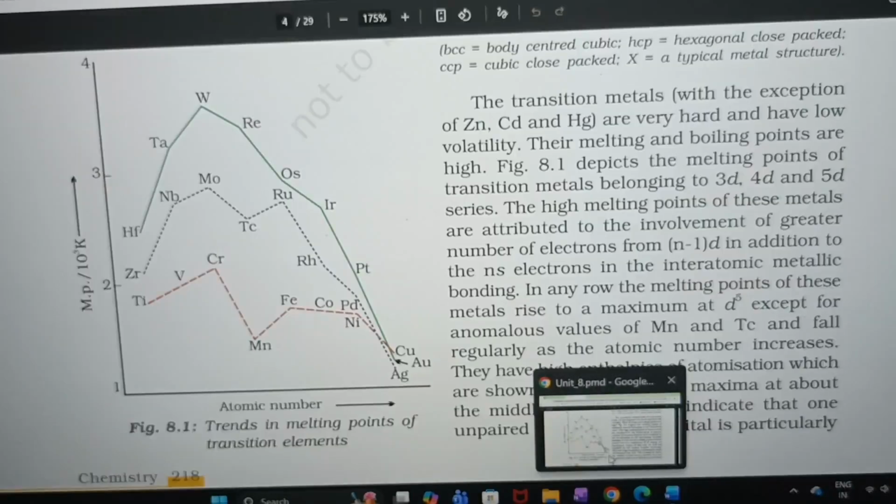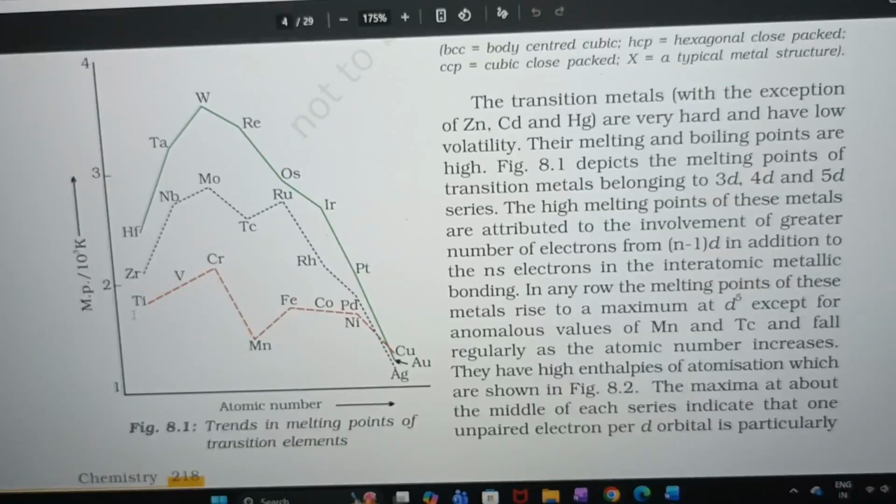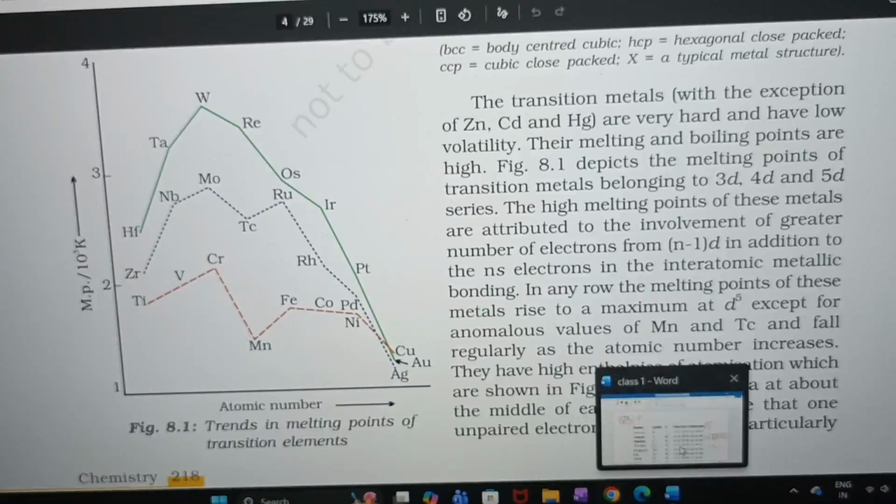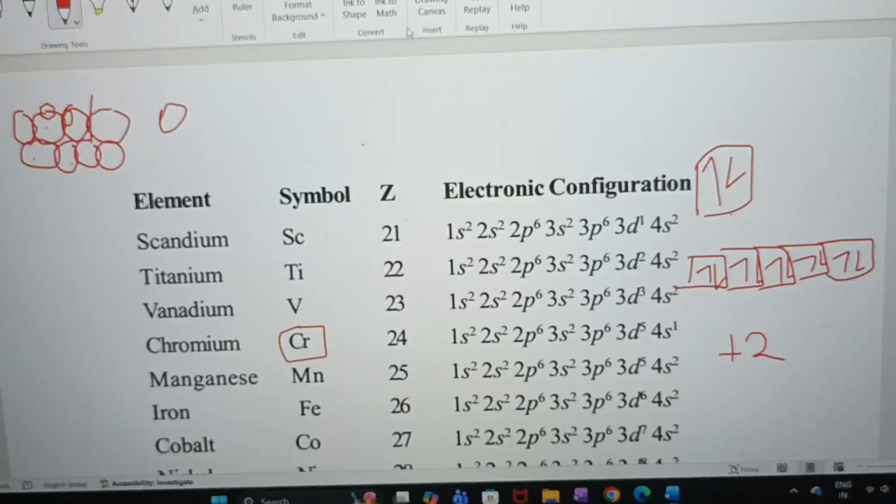Generally, if you see in this graph, this is the 3d series, 4d series, 5d series. Along the series horizontally, it will increase. First the boiling points and melting points will increase, but then again it drops. There is a reason for this also. In the first scenario, the melting points will be gradually increasing because there will be more unpaired electrons.